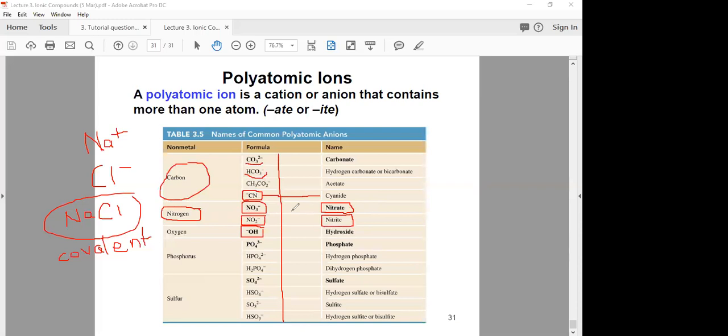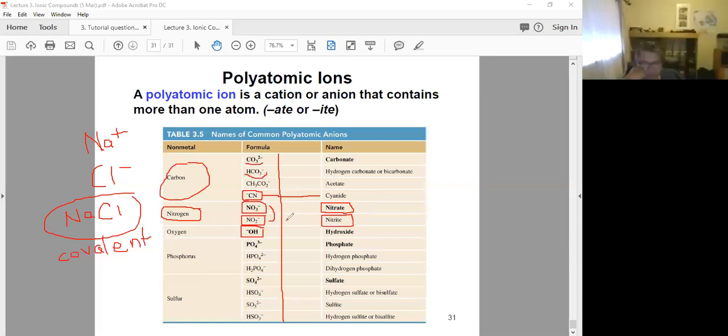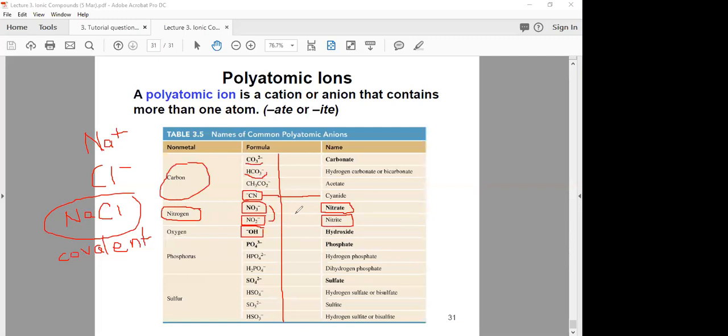Okay, what's the difference between those two? Nitrate and nitrite. Well, they both carry the same charge. They both have a single negative charge. There's something else that's different between them. Extra oxygen. Correct.